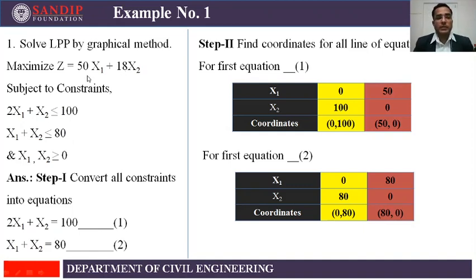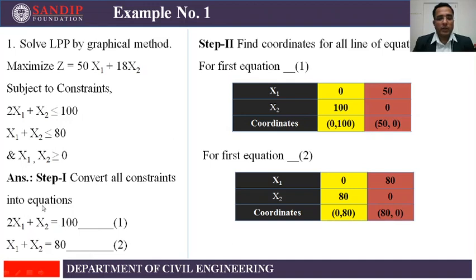What will be the z max value? As the objective function is given as maximize z, we have to take the optimal decision for the maximum value. So step number 1 is to convert all constraints into equations. It means in 2x1 plus x2 less than or equals to 100, we remove the less than or equals to sign and put only equals to.